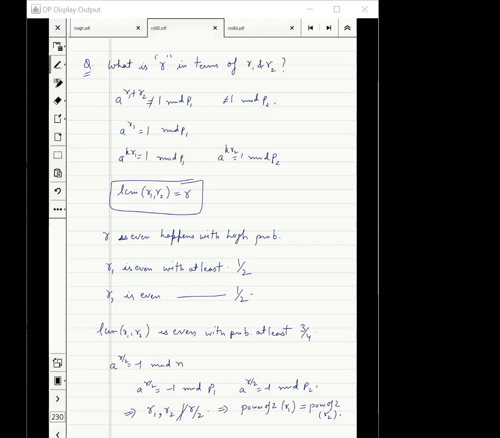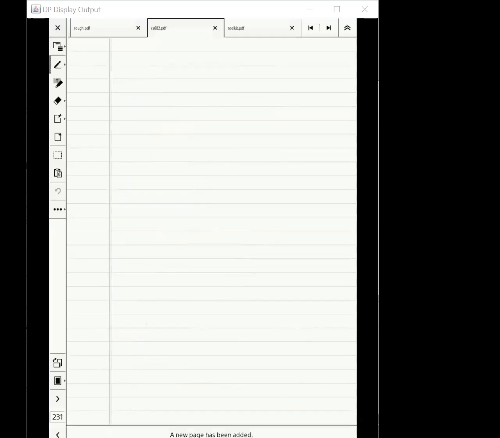By this, you can analyze it and show that the number of nice A's is a constant fraction of the total, and that will complete the proof.